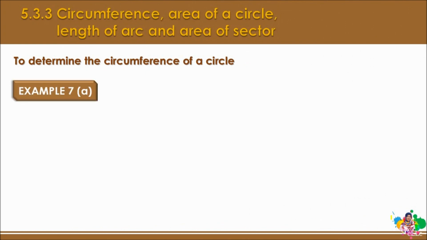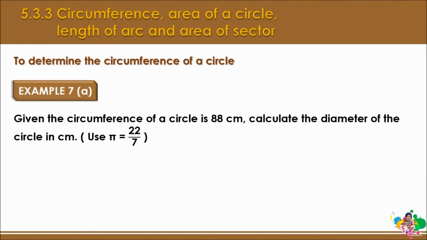Now, in example 7a, given the circumference of a circle is 88 centimeter. Calculate the diameter. This question asks you to find the diameter. So how to get the diameter?